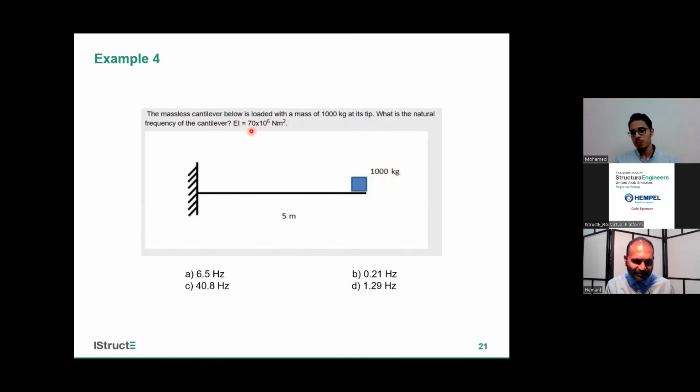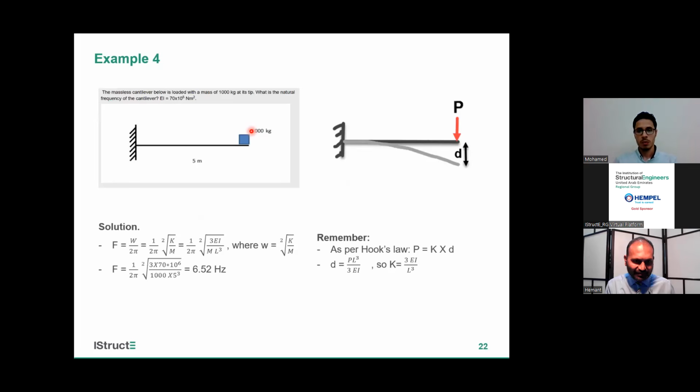So what we will do, just remember, if we have a load like this, we will have a deflection here like this, let's say D. And as Hooke's law, P is equal to K times D. And D for a cantilever like this is equal to PL cubed over 3EI.